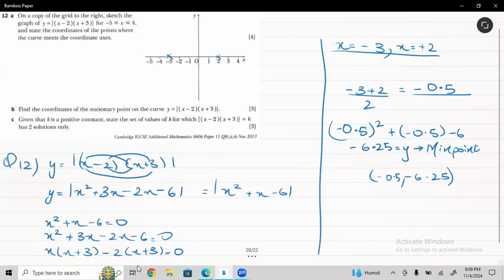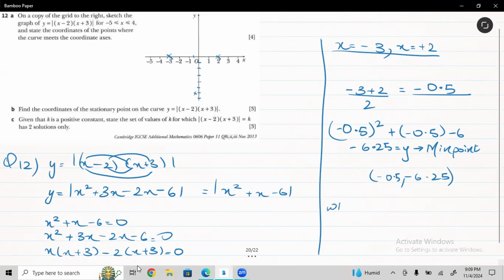Now negative 0.5 is here, and we're going to assume 1, 2, 3, 4, 5, 6, 7 units, and 6.25 is going to be around this point. If we were drawing a graph, I would like to know what the value would be if we had taken negative 5.